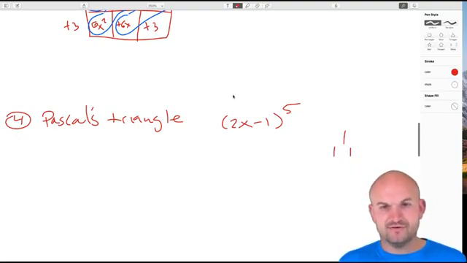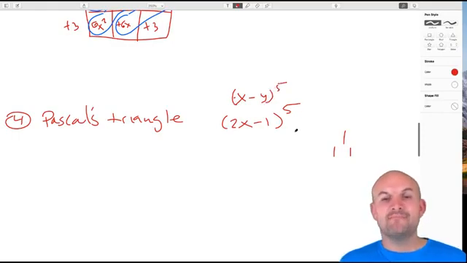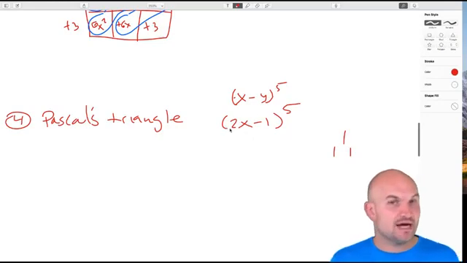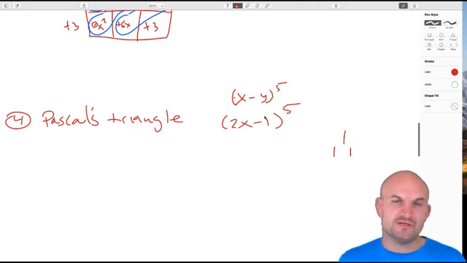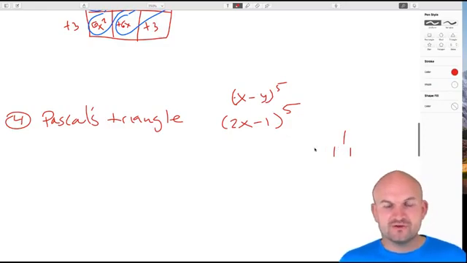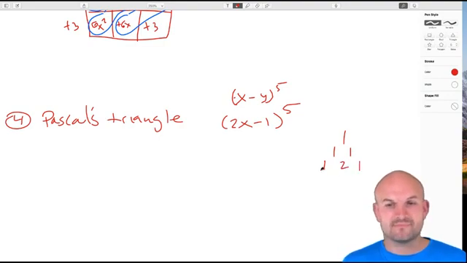If this was x minus y to the 5th, Pascal's triangle is going to give you the coefficients of each and every term of the binomial expansion. Once we have any numbers as coefficients there, that's going to be used as a scalar. So any term raised to the 0 power is 1, any binomial raised to the 1st power is just 1 and 1. And then any term raised to the 3rd power is going to be 1, 2, 1.